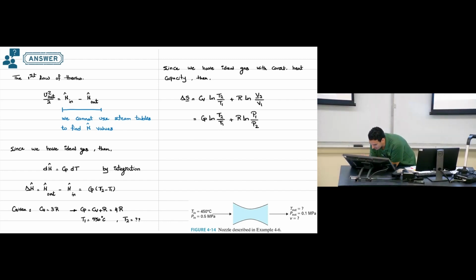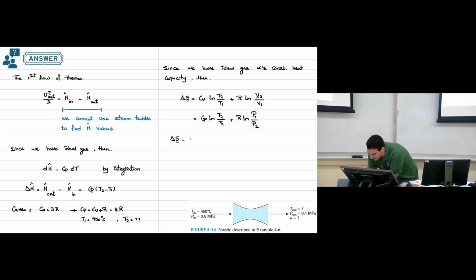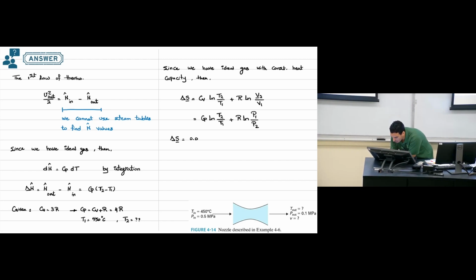So what we have here, we have delta S, the entropy change. This one will be 0 because we have the isentropic process. We know the value. Let's assume we will take this one. We know that Cp, we just said Cp is 4R. We have T1 is given, 450 degrees Celsius.